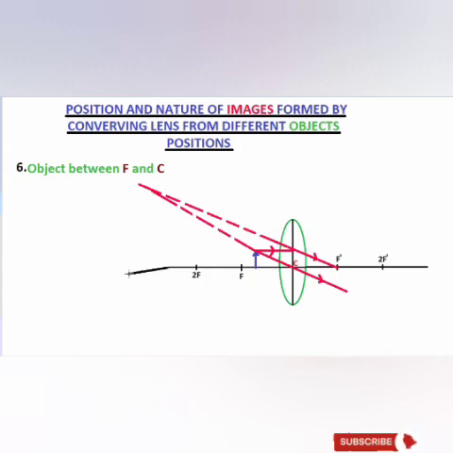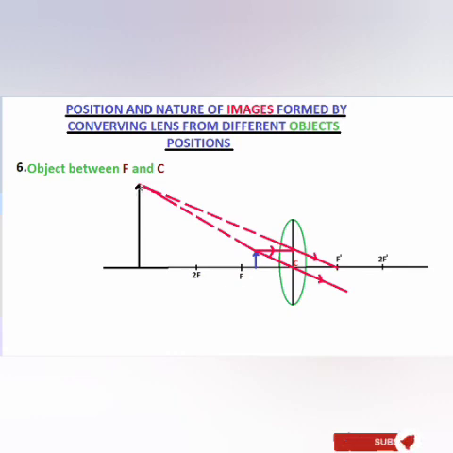Next, I'll draw an image. Okay, I extend this because there is no space for me to draw the image, so I extend the principal axis backward so that I can draw my image from the point of intersection down to the principal axis. So I'll indicate with arrow that the image is upright but virtual.